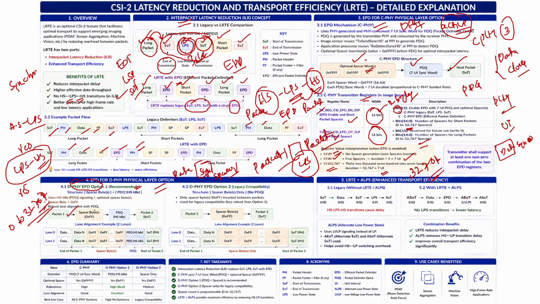Packet 1 and spacer byte and again PDQ, after that packet 2 you are transferring. That means best lane alignment will be taking place here. Okay, so lane alignment means we are transferring the data through multiple lanes like lane 0, lane 1. In that lane 0 and lane 1 we are transferring the data, like data 1 to n number of data.